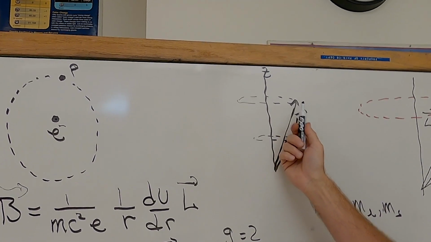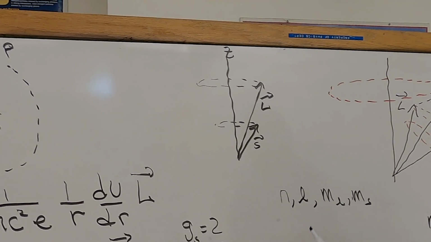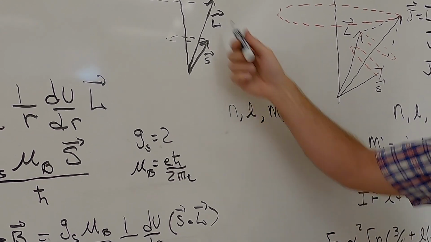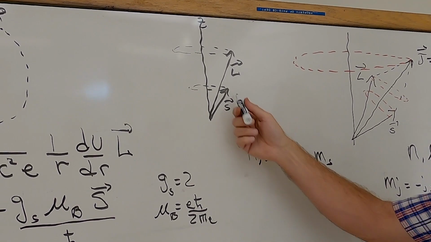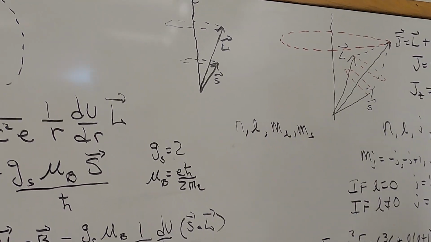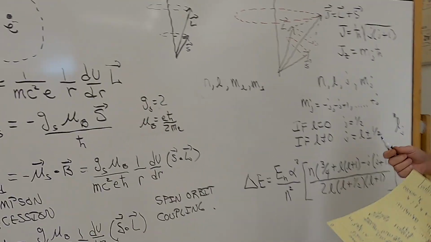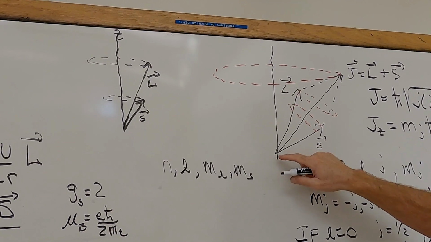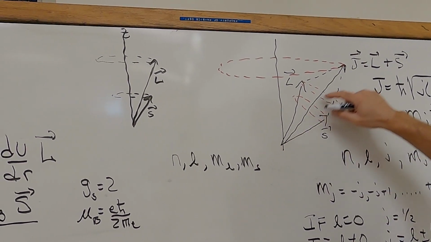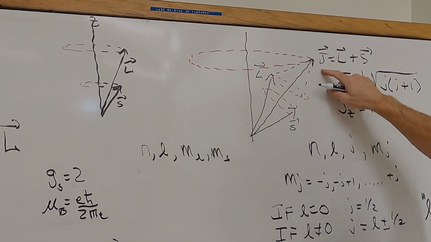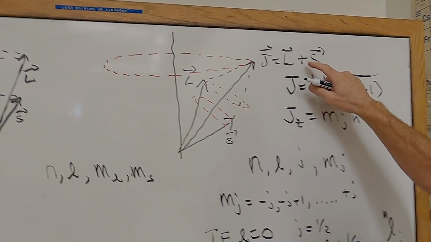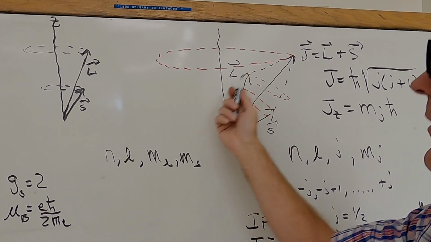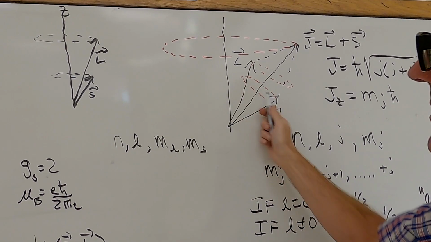L was a constant, and L_z was a constant, so our good quantum numbers were n, l, m sub l, which is related to the z component of L, and m sub s, which is related to the z component of S. But with spin-orbit coupling, L plus S is now a total angular momentum, which we call J, the sum of the two angular momenta. L is going around and S is going around, but they're not good quantum numbers, they're not fixed.